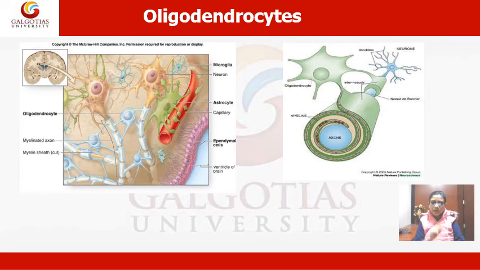In between, you can see a circle, which is the axon, and it has a greenish covering. That covering or sheath is known as the myelin sheath. And just above that, you can see the oligodendrocyte. The oligodendrocyte is present at the covering of the myelin sheath. And here in the last, you can see the neuron, dendrites, and nodes of Ranvier. The nodes of Ranvier are the gaps between the myelin sheath which is covering the axon.